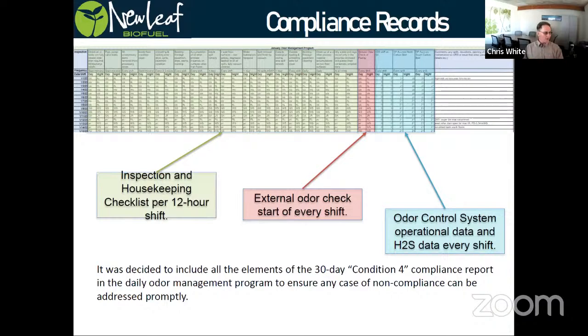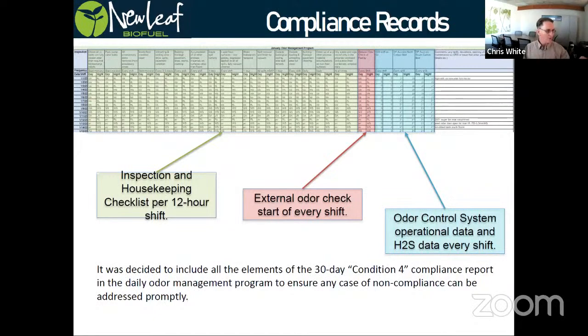We do an external odor check at the start of every shift, and I would like to talk on the next slide, Madam Chair, about the point that you raised, because that's a very important one that we need to arrive at some sort of a landing on. And then we have our actual data from meters and tests. So we measure H2S every day, at the beginning and end of each shift, so it's twice a day, and also the pressure conditions.